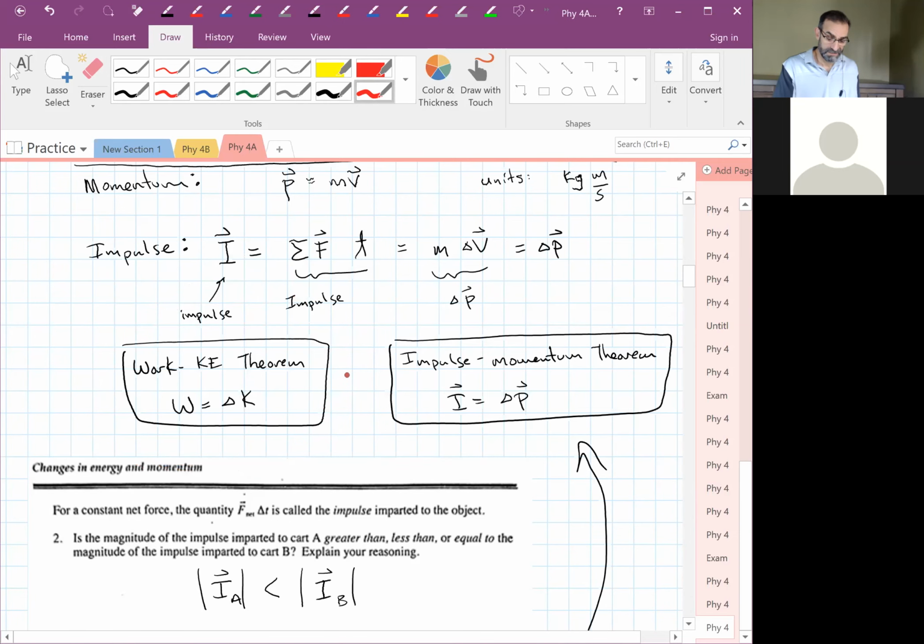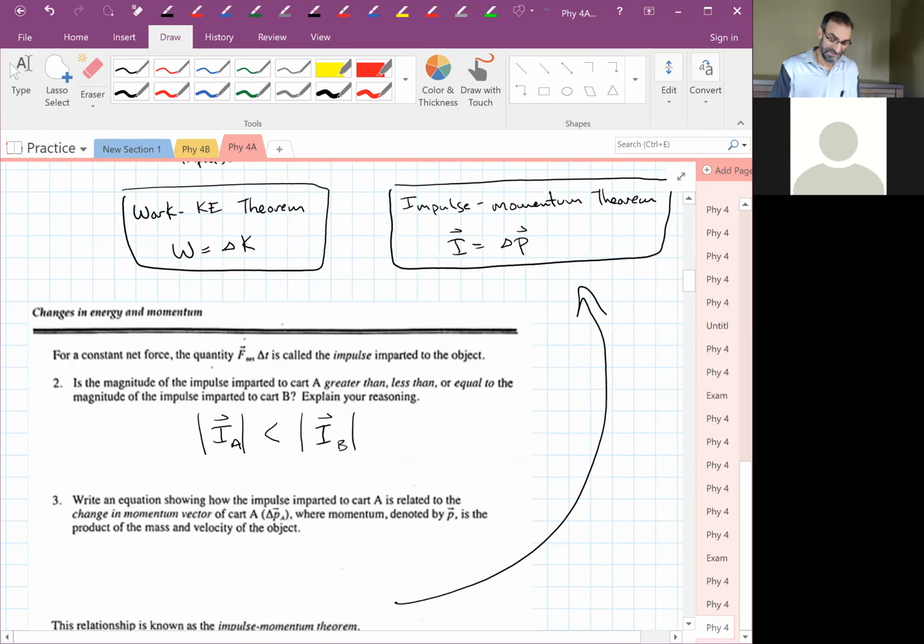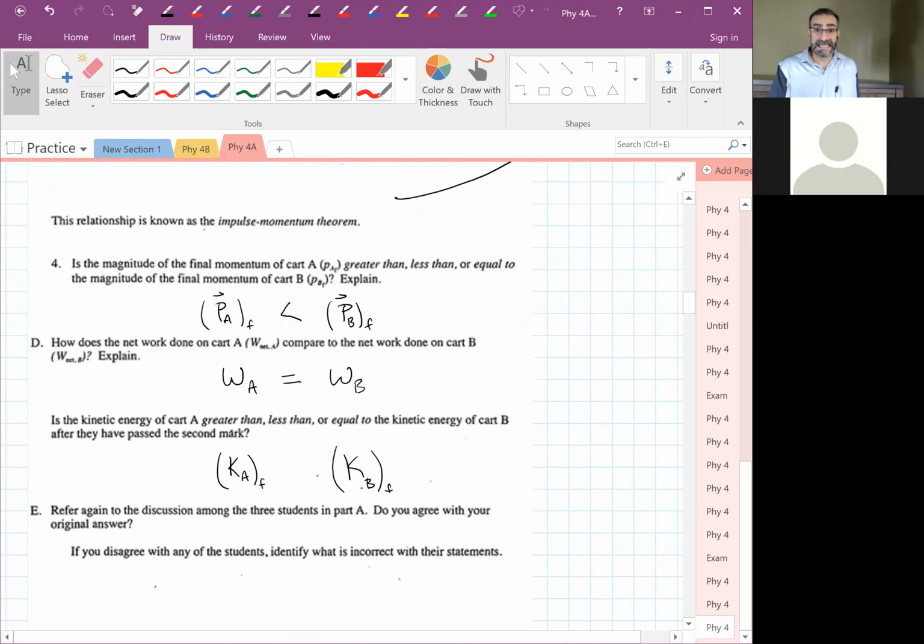Work is equal to the change in kinetic energy. So they both have the same change in kinetic energy. They both started with the same amount, 0. So they both have to end with the same amount.